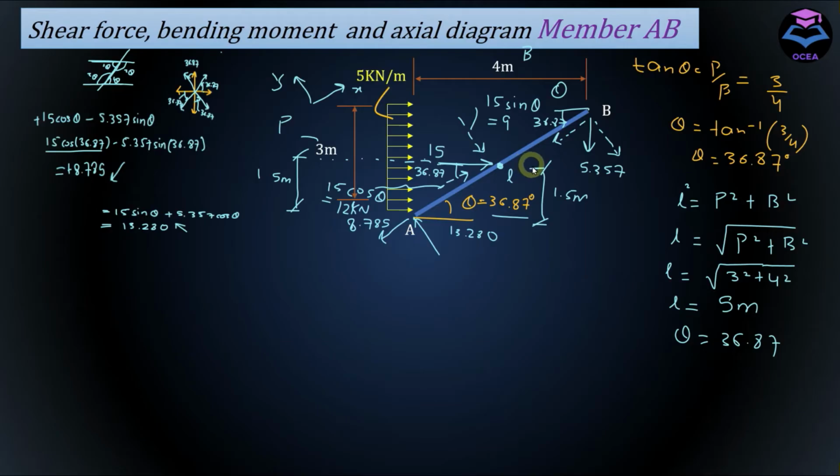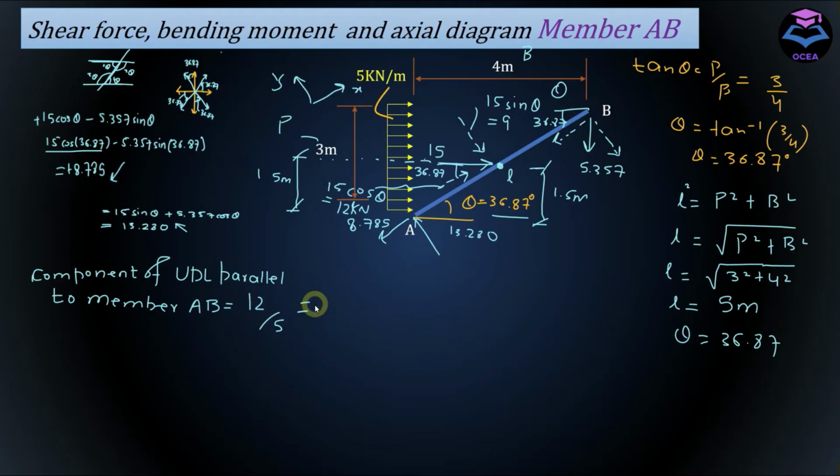Alright, so the component of the UDL which is parallel to the member AB is equal to 12 kilonewton divided by the length of the member. This force needs to be distributed along the length of the member. 12 divided by 5 is equal to 2.4, and similarly we can calculate the UDL perpendicular to member AB by dividing this force by the length of the member.